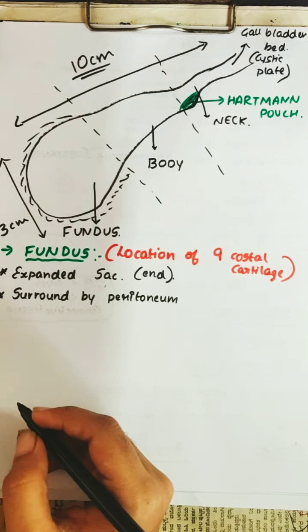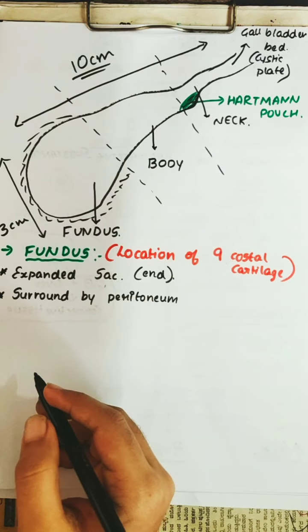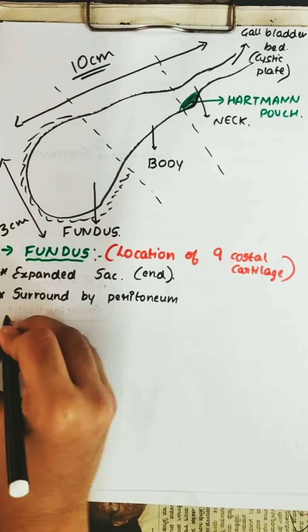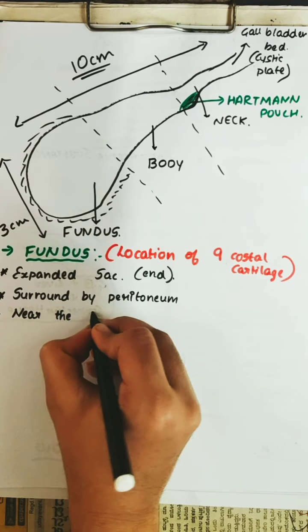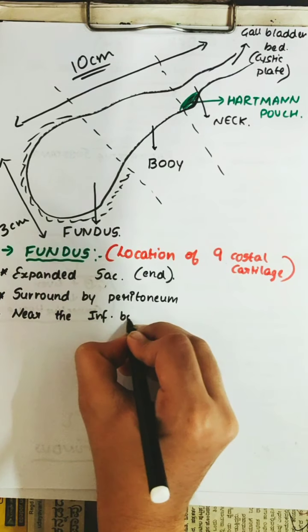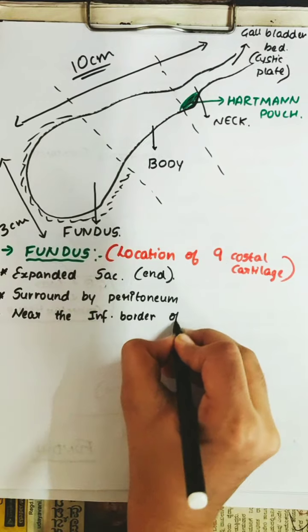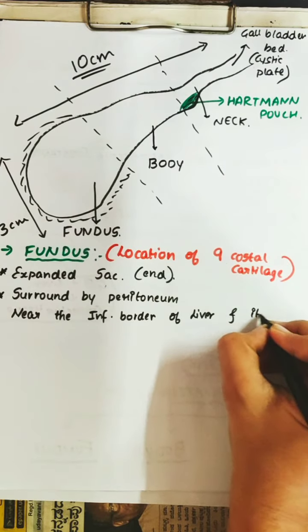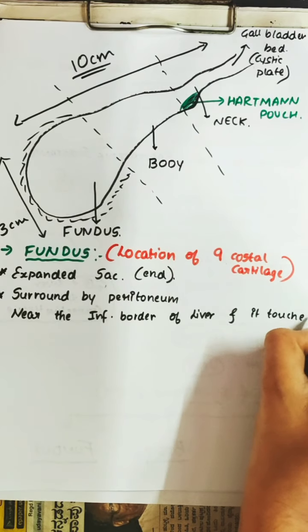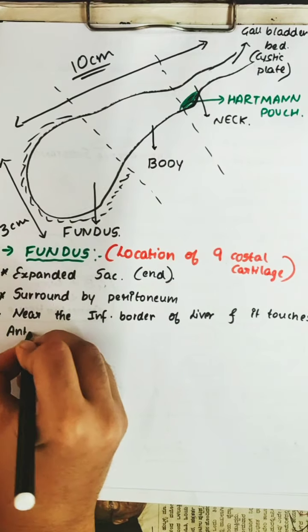Its location is very important. It is found near the inferior border of the liver, and it touches the anterior abdominal wall.